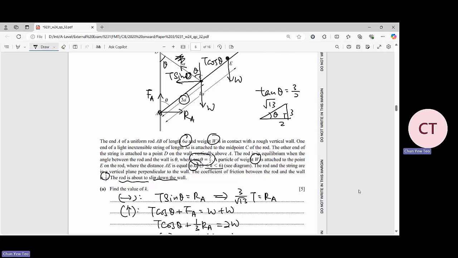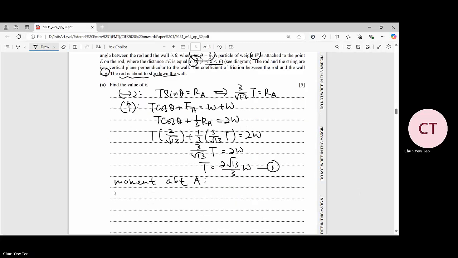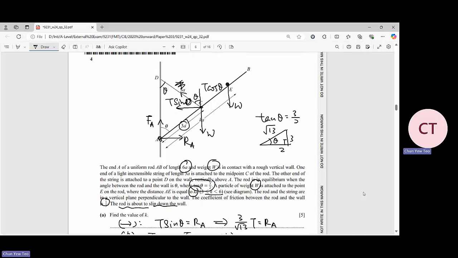So there will be only T cos theta, which is over here. And the perpendicular distance to the point A will be 3a sin theta, sorry, 3a sin theta.